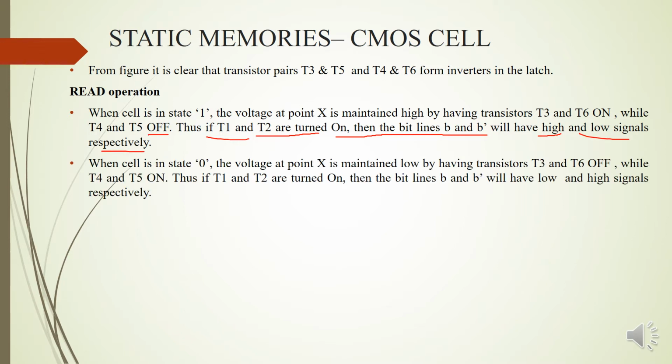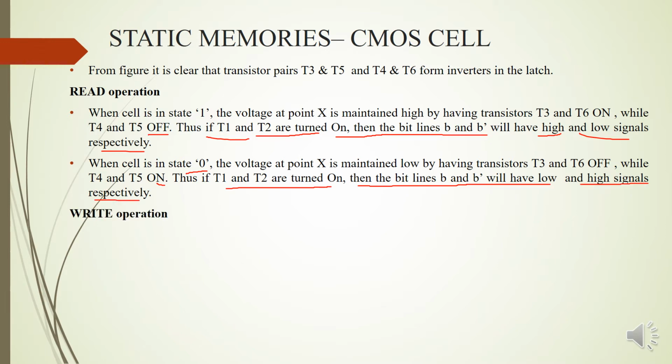When the cell is in state 0, the voltage at point X is maintained low by having transistors T3 and T6 off while T4 and T5 are on. Thus, if T1 and T2 are turned on with the activation of the word line, bit lines B and B bar will have low and high signals respectively.